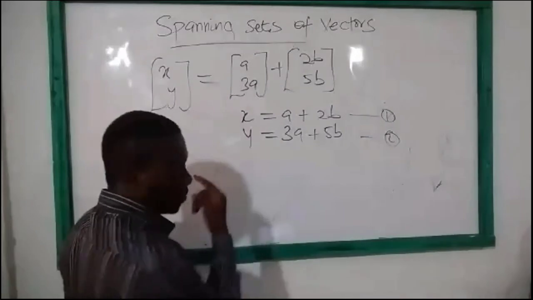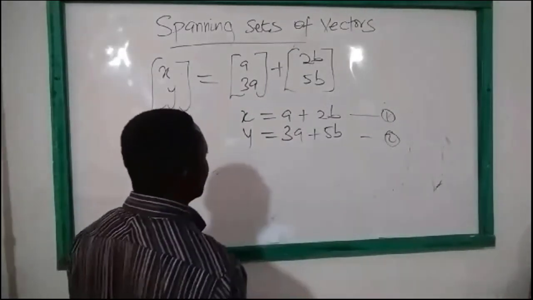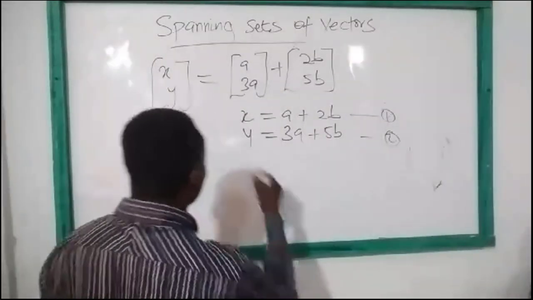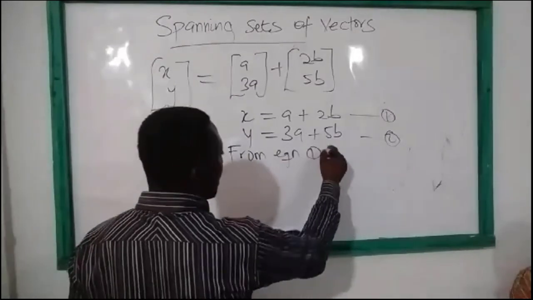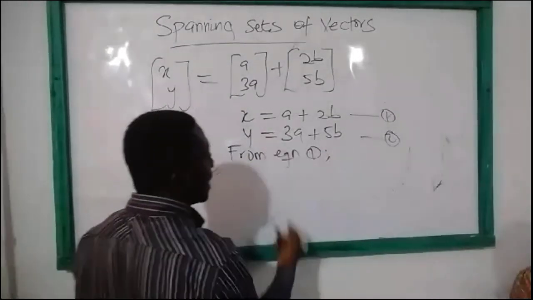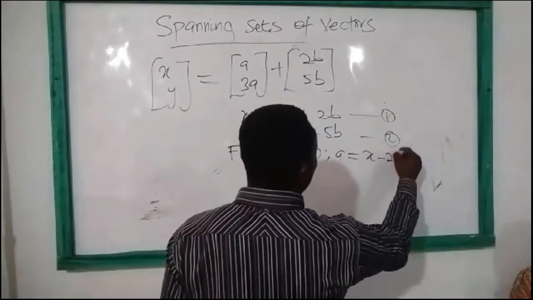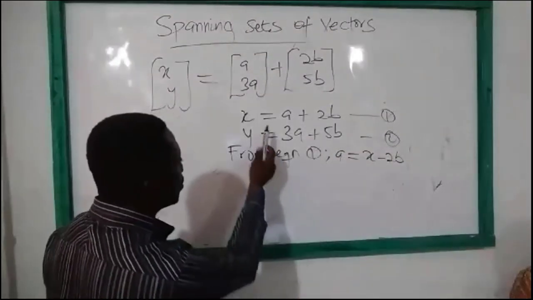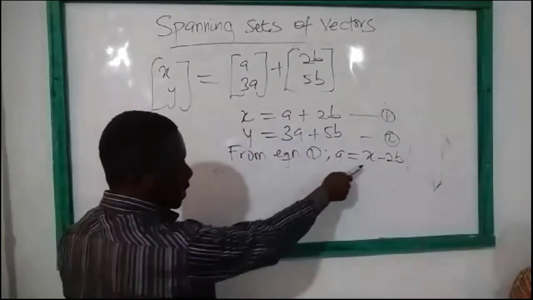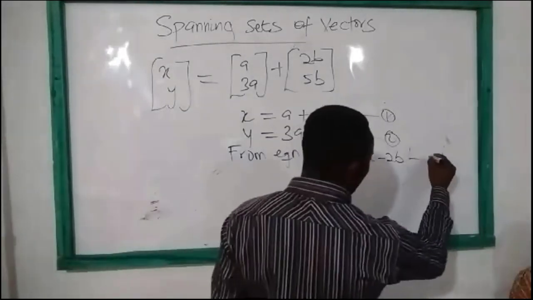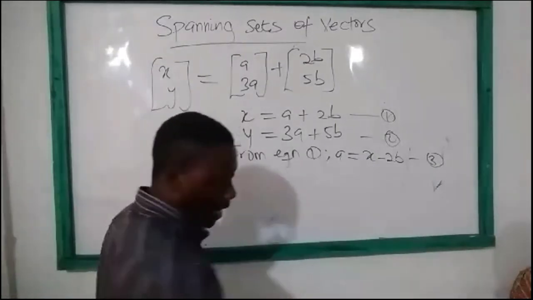So from here, we can make one of the unknowns the subject. From equation 1, we can say that a is equal to x minus 2b. From equation 1, you can make a the subject, so a equals x minus 2b. I can call this equation 3. We have now gotten a third equation.